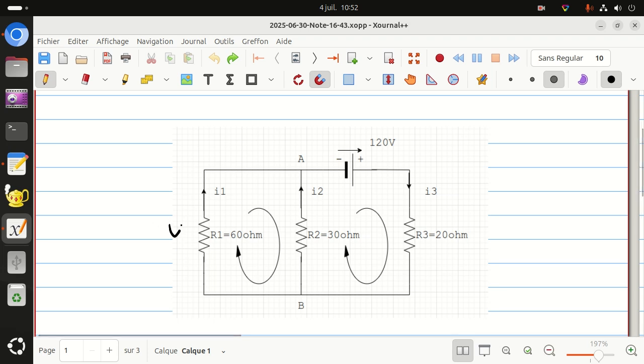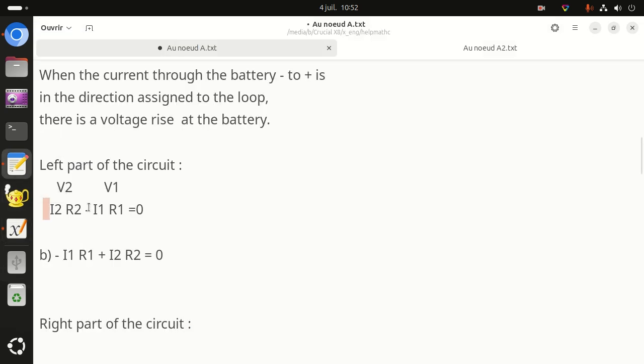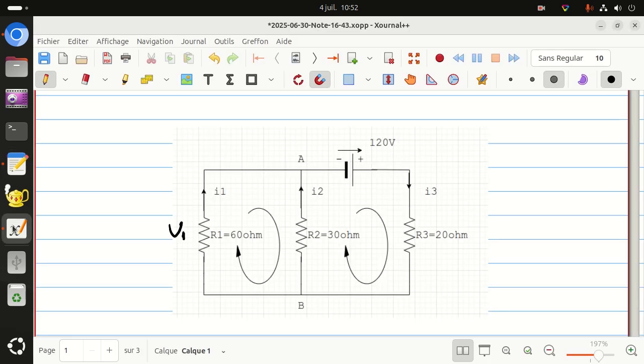This is the voltage V1. You have a minus sign. Why? Because the voltage V1 is a drop. Why? Because the direction of my loop is the same as the direction of the current.